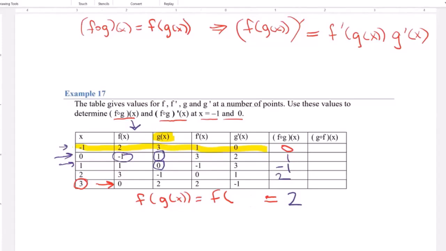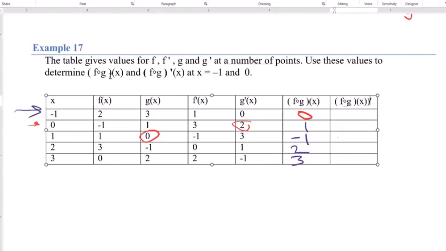And last, g of x is equal to 2. So f of 2, I go here to where x equals 2, I find f of 2 equals 3.